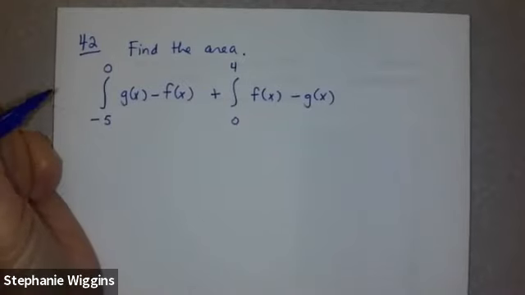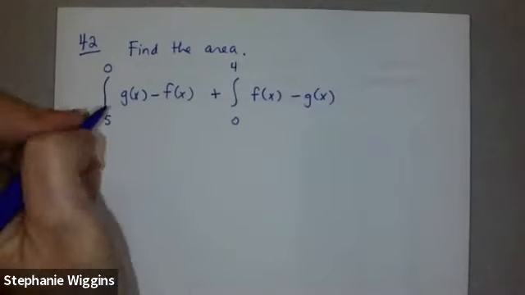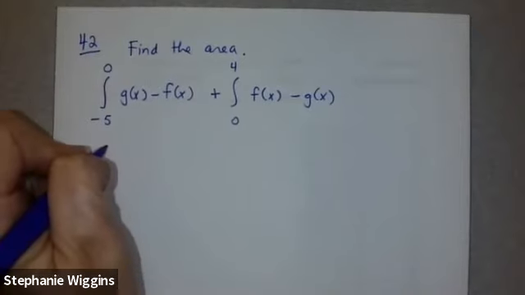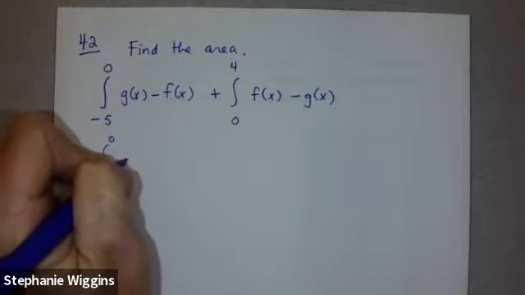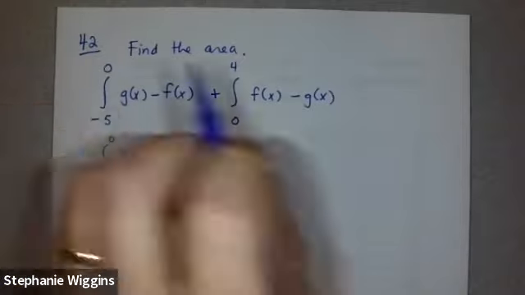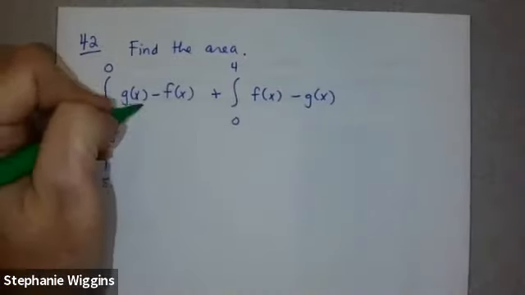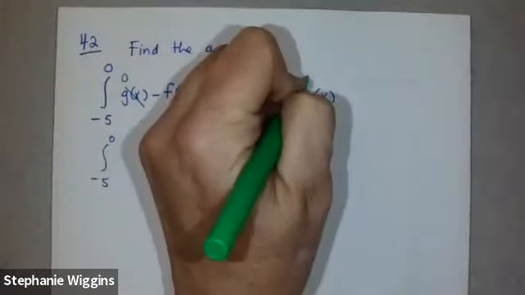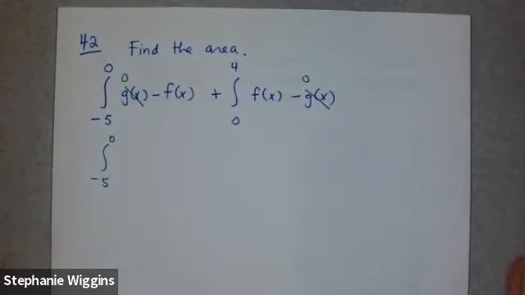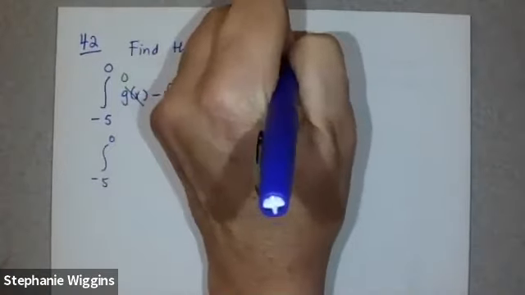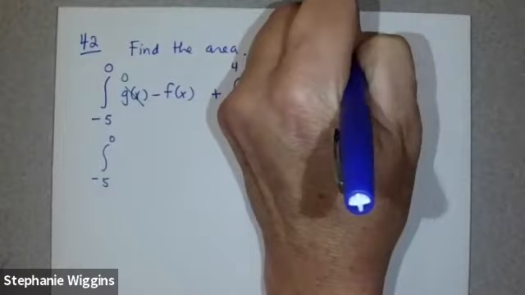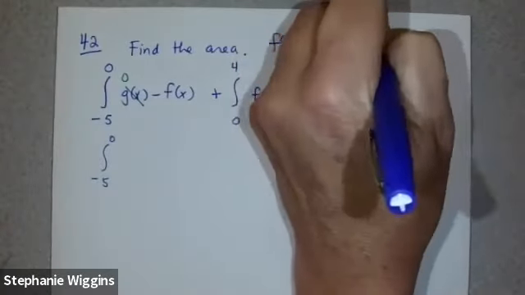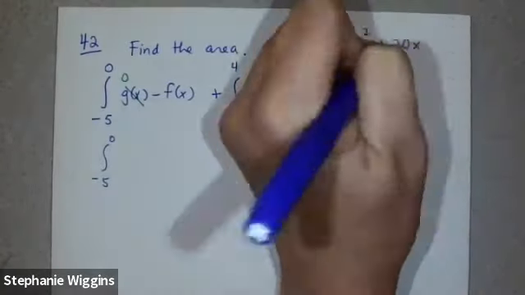Okay, so now let me just put that in. This is going to become the integral from -5 to 0 of minus f of x, because this is 0, right? G of x is 0. And f of x is minus x cubed minus x squared plus 20x.